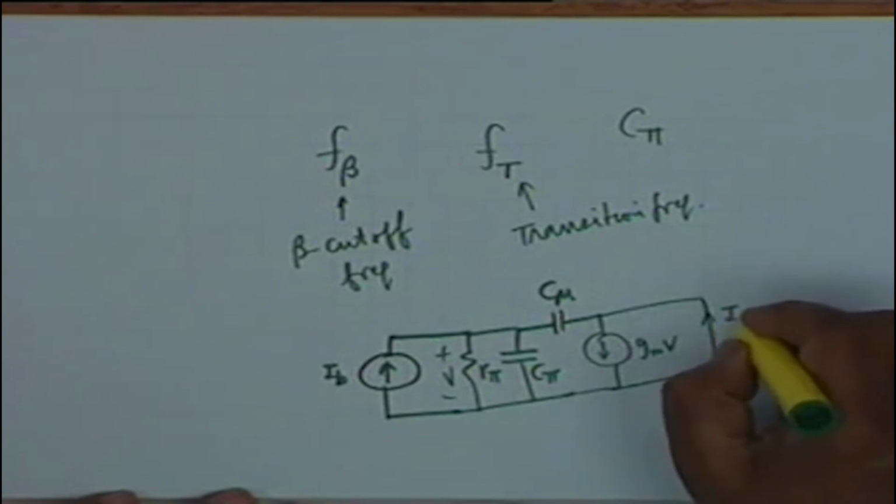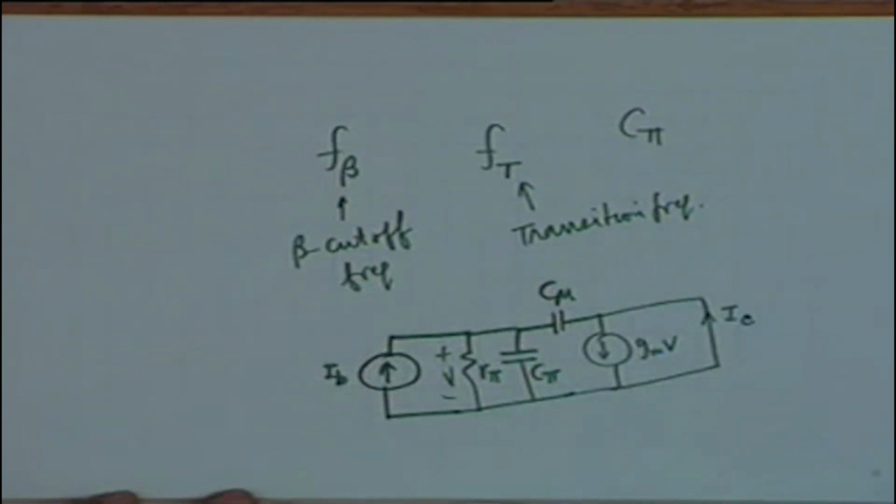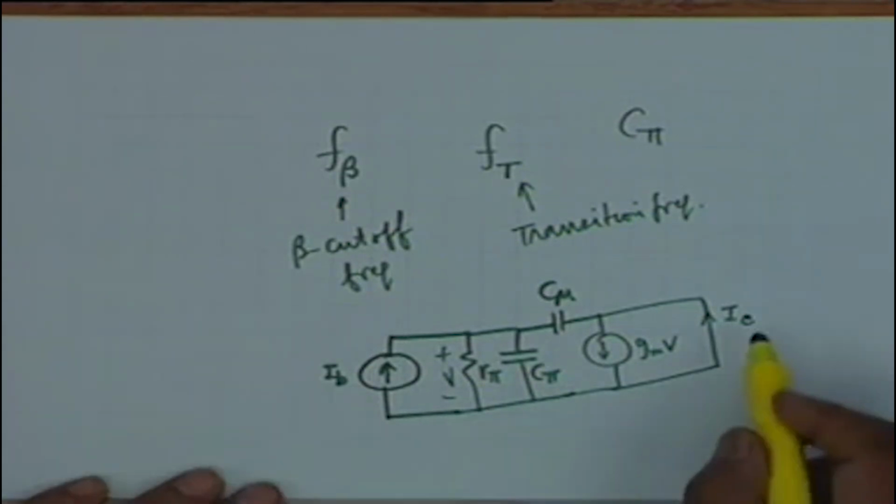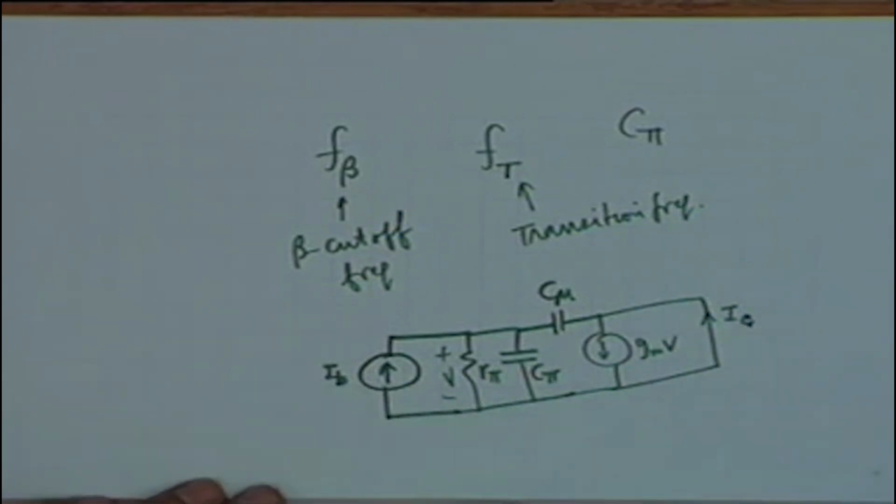Then this current would be I sub C, the output current, the collector current, and the ratio of I sub C to I sub B would be the current gain or current amplification factor, and to indicate that this is done under short circuit conditions, we say this is the short circuit current amplification factor.